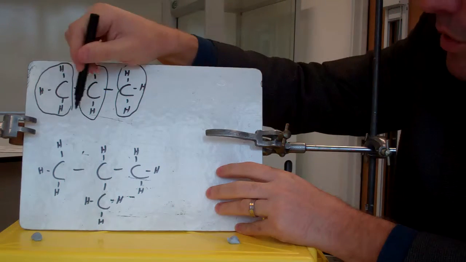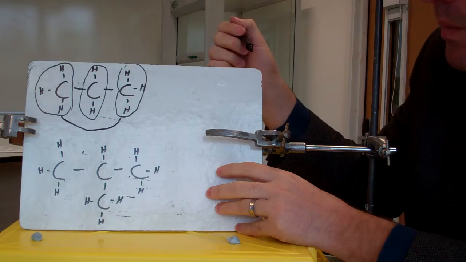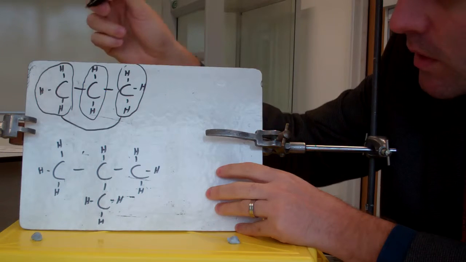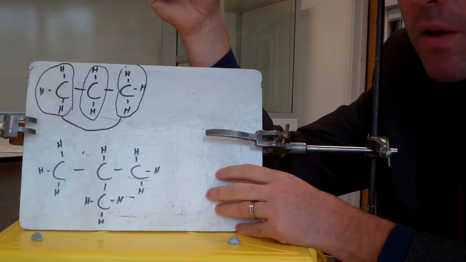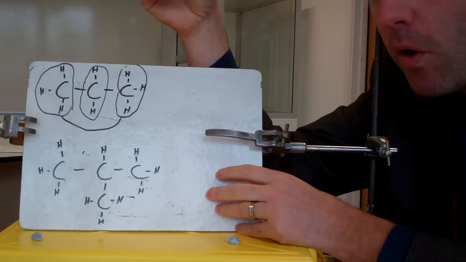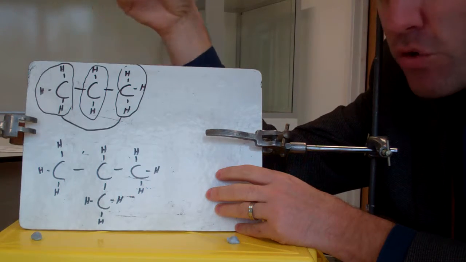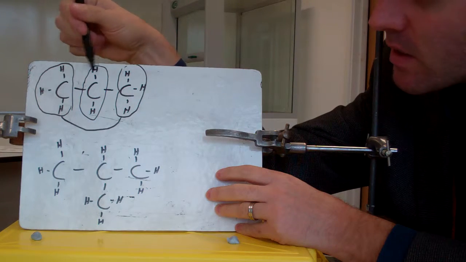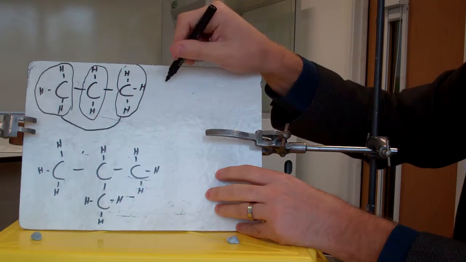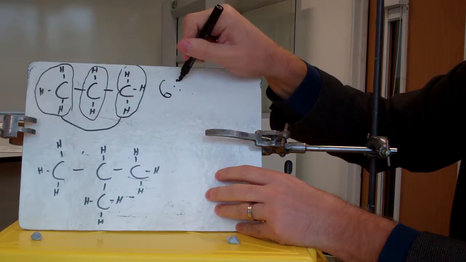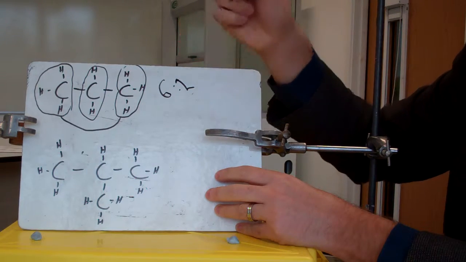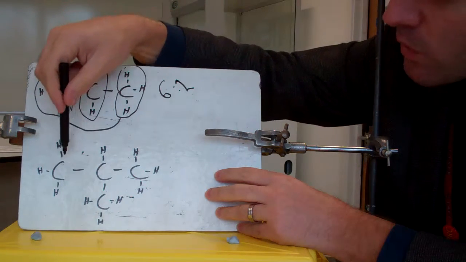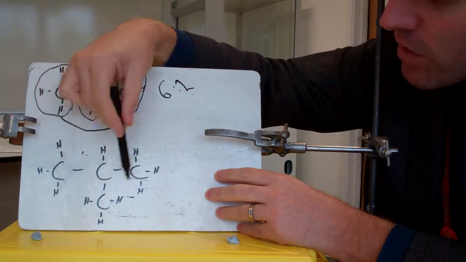If you look at the ratio of protons, the area under each peak in hydrogen NMR is proportional to the number of hydrogens that it represents. So here we've got 3 plus 3, so we've got 6 in one environment and 2 in the other. So the ratio would be 6 to 2. Obviously 3 to 1.